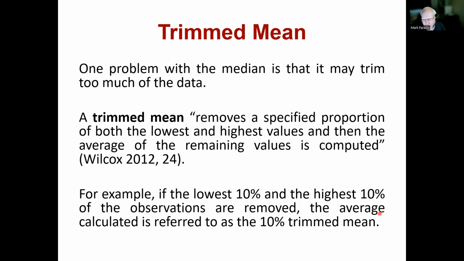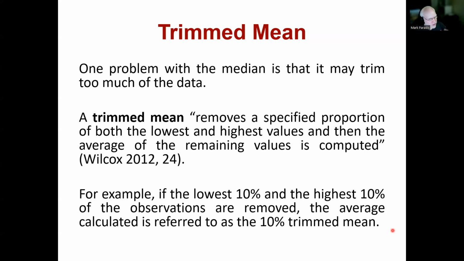So for example, if the lowest 10% and the highest 10% of the observations are removed, the average calculated is referred to as the 10% trimmed mean. So with the 10% trimmed mean, you're calculating the mean, but first you're dropping the smallest 10% and the largest 10%, and you're calculating the mean based on the remaining 80% of the data. If you're doing a 20% trimmed mean, you're dropping the smallest 20%, you're dropping the largest 20%, and then you're calculating the mean based on the remaining 60% of the data.